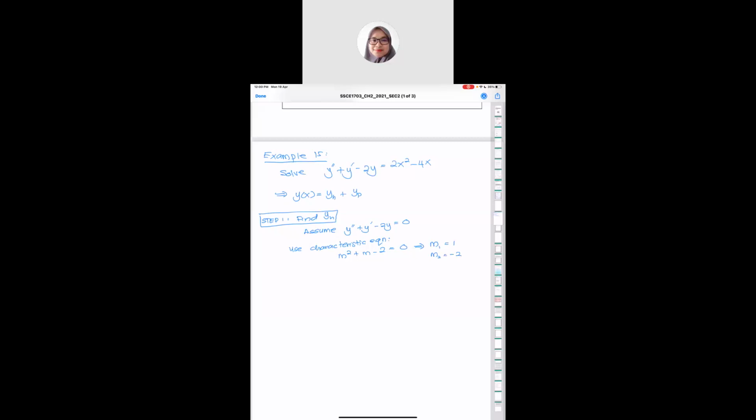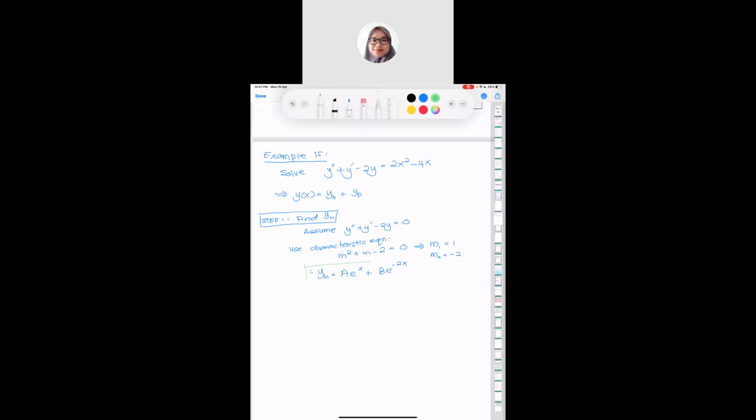So kita tahu kita punya roots are real number and distinct. Therefore YH equal to, tulis general solution yang tadi tu, A e^x plus B e^(-2x). So here I have my YH.